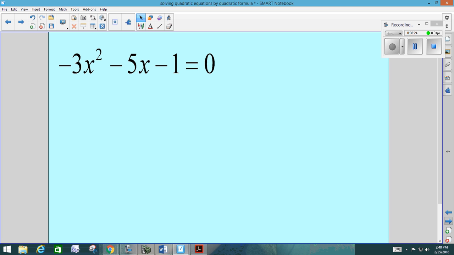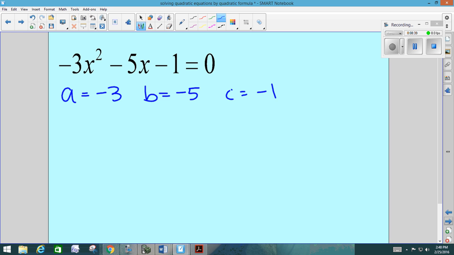So let's try number 2 here. First thing, you want to make sure it's set equal to 0. Are we there? Okay. What's my A value then? Negative 3. How about my B value? And my C value? Good. Once you identify that, you just have to correctly substitute in. So x equals negative b, or the opposite of b.